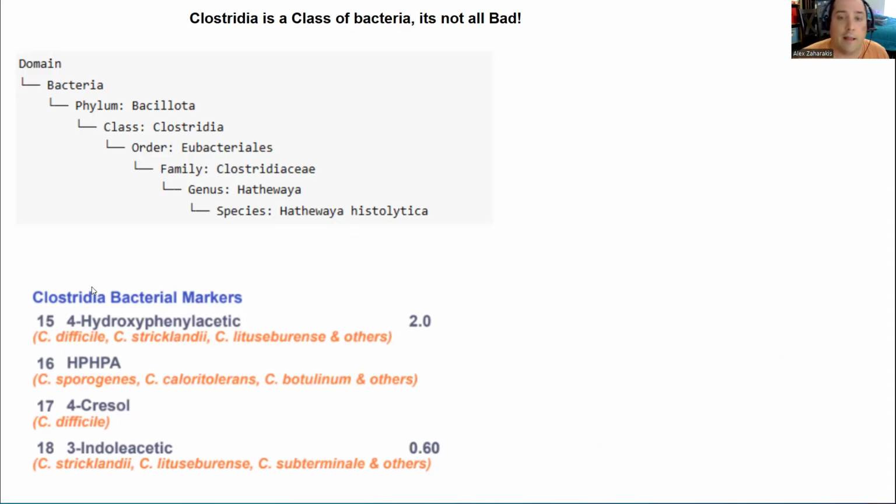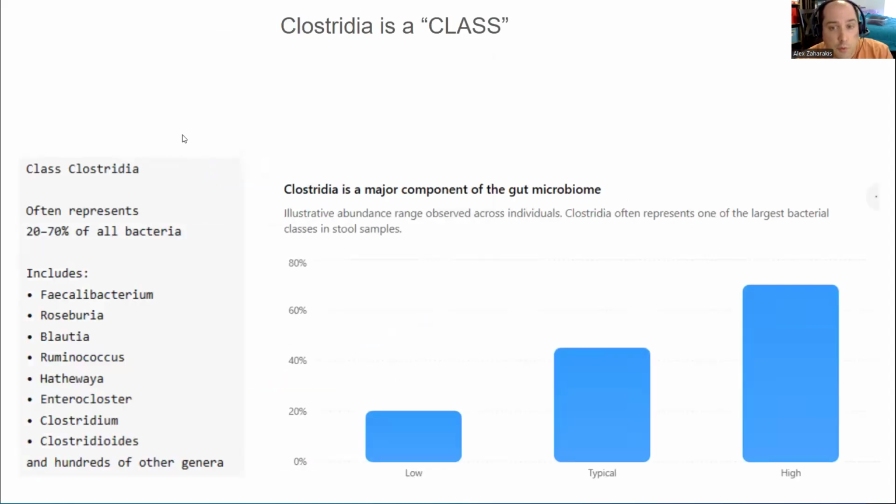And how could you expect that measuring a metabolite in urine is going to compete with actually doing sequencing in the microbiome? But the reason why I'm harping on this Clostridia so much is because if you were talking about healthy levels of Clostridia, which is not the plural of Clostridium, but is a class of microbe, people that are healthy have 50% of their microbiome taken up by Clostridia because it's a much higher level.